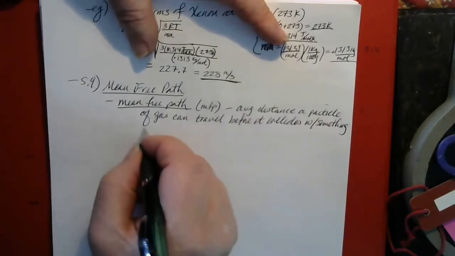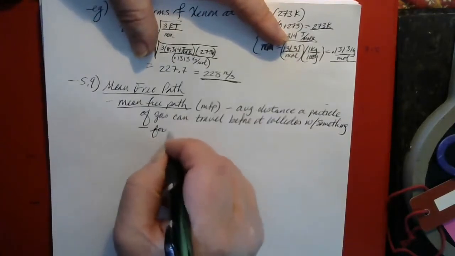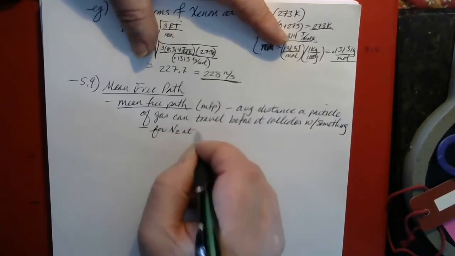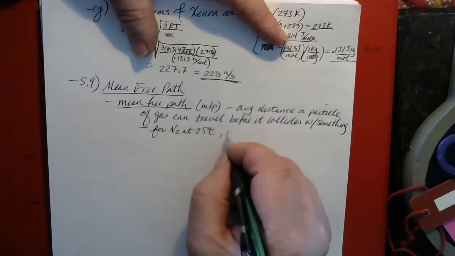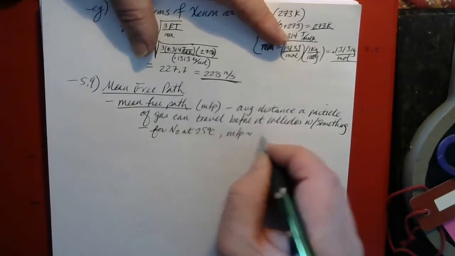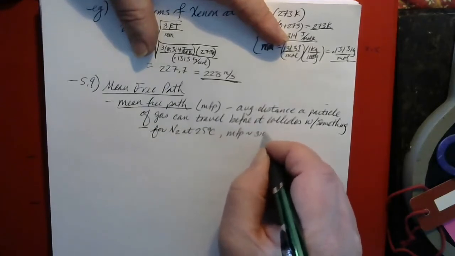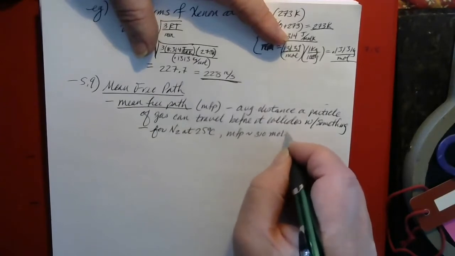Okay, so for example, for nitrogen at room temperature, the mean free path is about 310 molecular diameters.